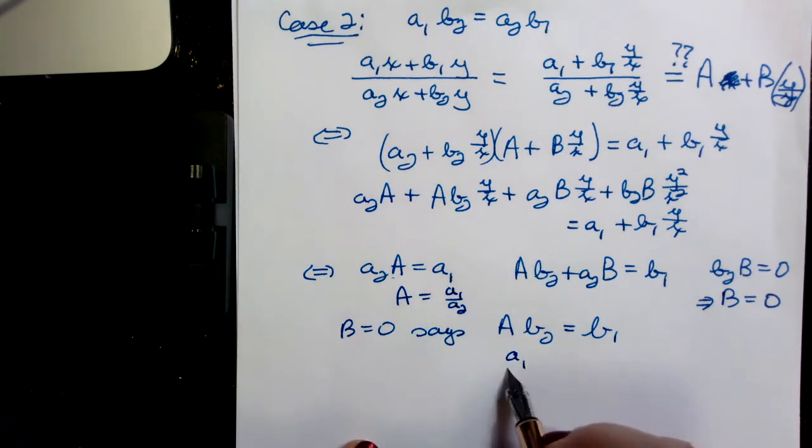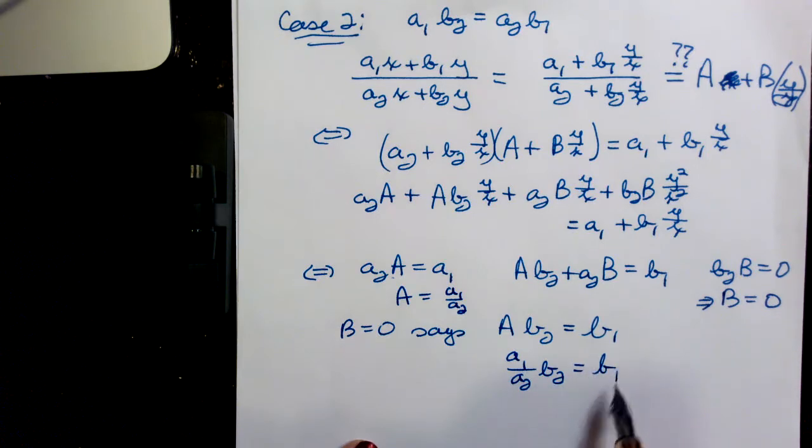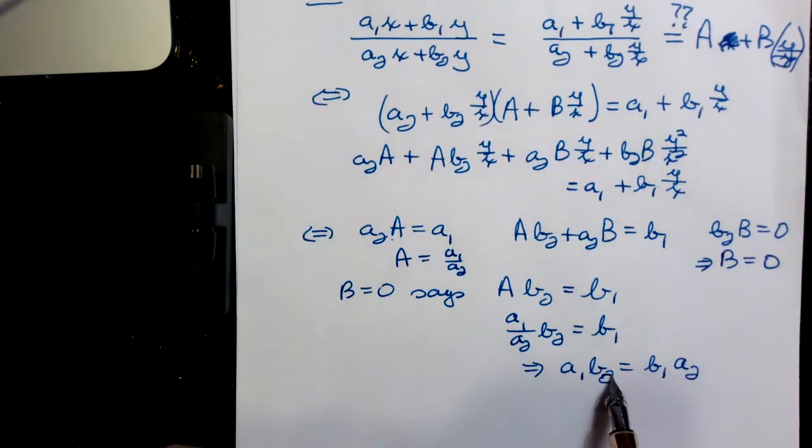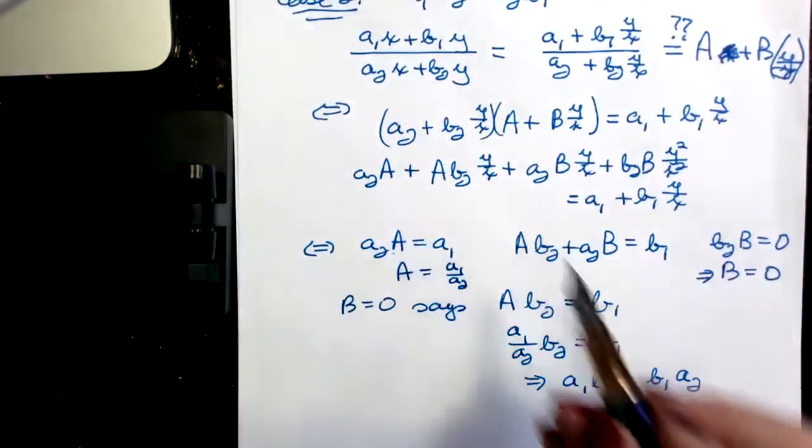This equation says a2b has to be equal to b1... so a1 over a2 times b2 has to be equal to b1, and that says a1b2 has to be equal to b1a2. Okay, which is what we assumed. So if this is true, and all of these are if and only if, so we can go backwards.